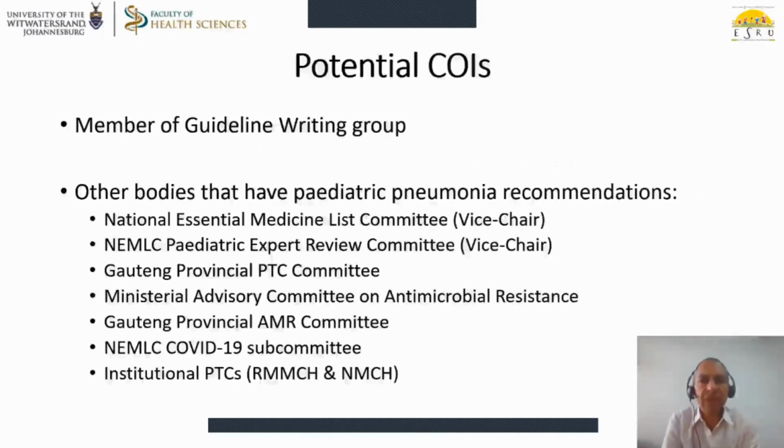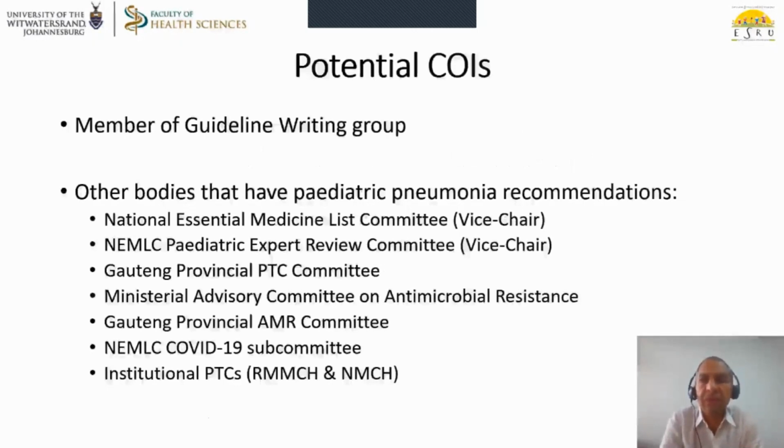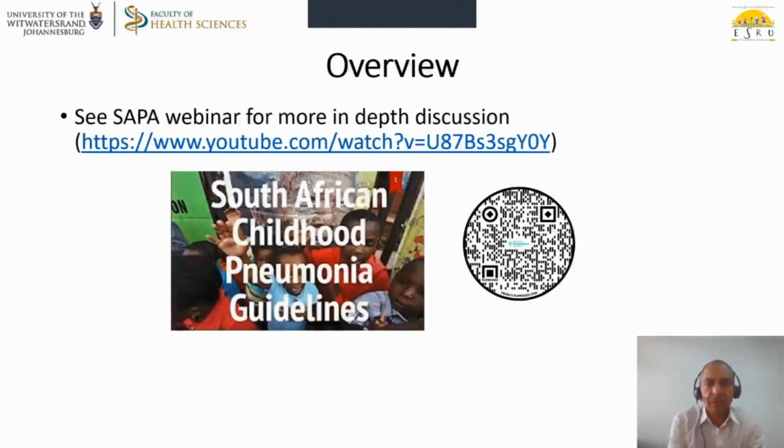To start, I do need to declare a couple of potential conflicts of interest. Firstly, I am a member of the guideline writing group that was responsible for compiling these updated guidelines, and I also sit on a number of other committees that are in some way related to pediatric pneumonia recommendations. By way of an overview, it is just going to be a brief overview of the full set of guidelines.